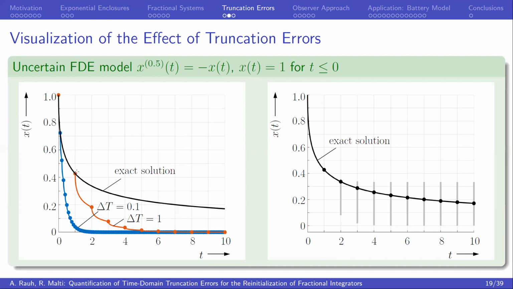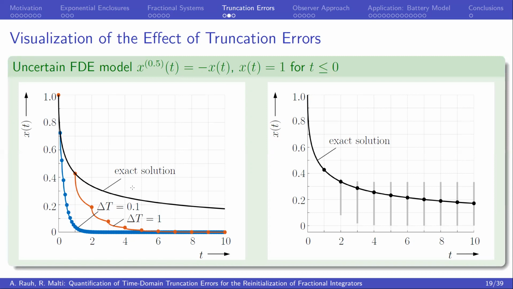What you will see afterwards is that the corresponding solution deviates significantly from the exact solution, and this gets worse and worse after each reinitialization. The same phenomenon, and even larger approximation errors, occur when we reduce the integration step size, for example, from delta t equal to 1 to delta t equal to 0.1.